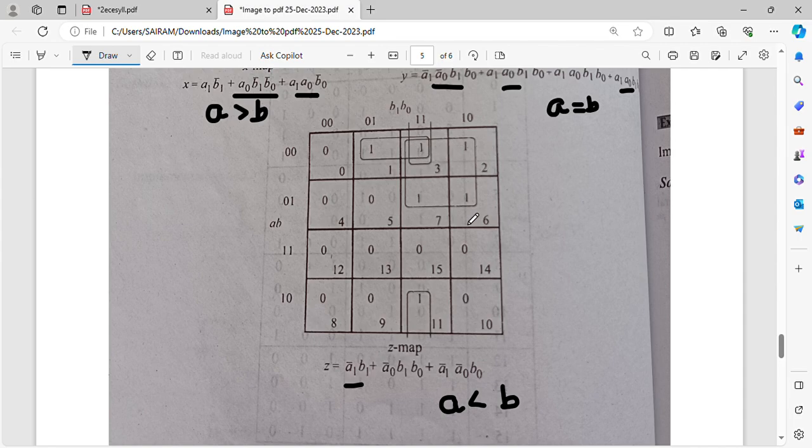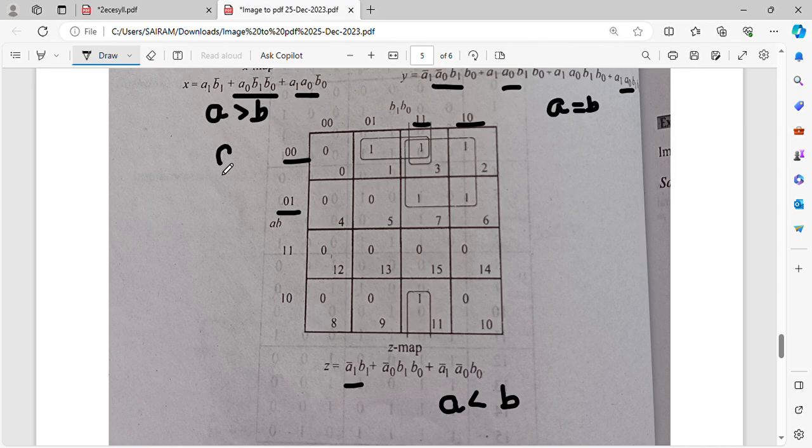So when you look at this group of 4, this is A1 bar A0 bar and here it is A1 bar A0, right? Here it is B1 B0 and B1 B0 bar, yes?